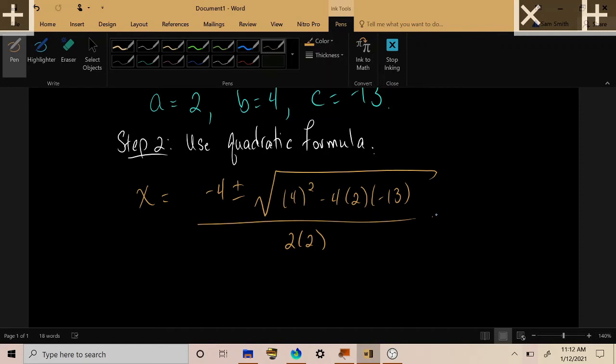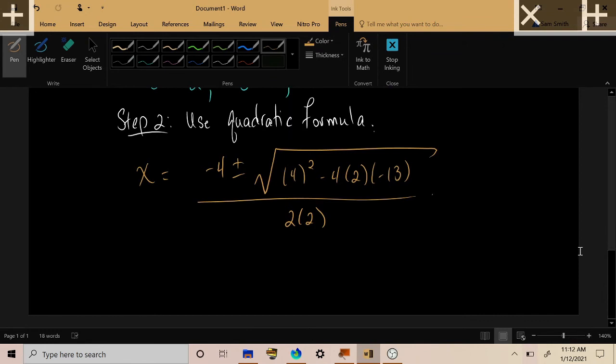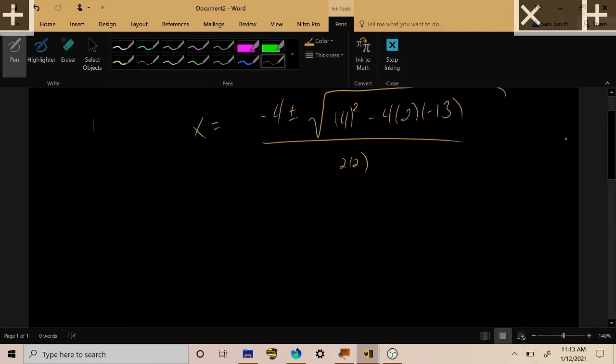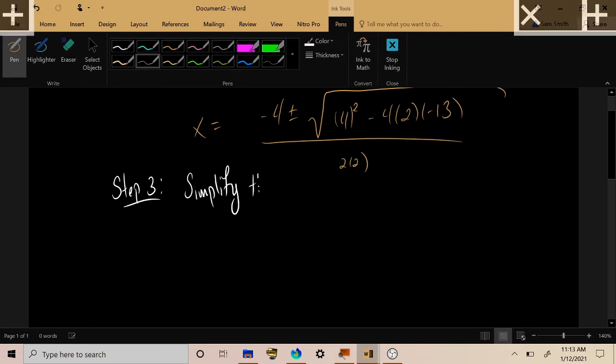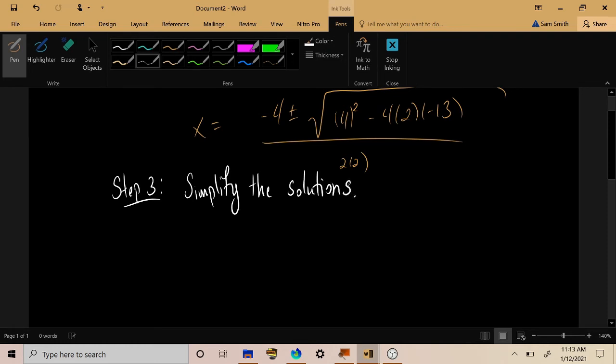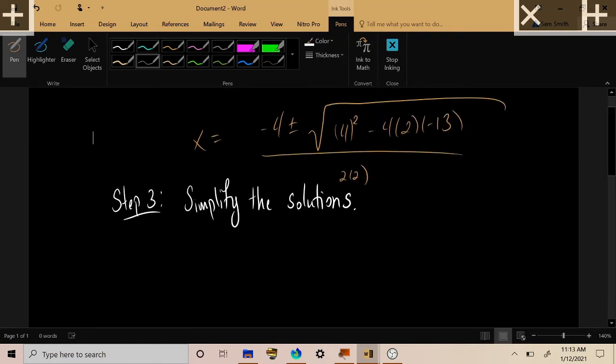But step number 3, we have to remember that we were asked to simplify our solutions. So that will be the final step of this problem. Step number 3, let's clean these solutions up. Okay, so first let's get started on the easy stuff, which is calculating the values of all of these different numbers in the problem.